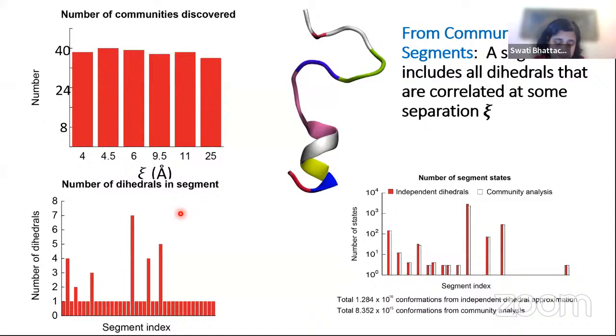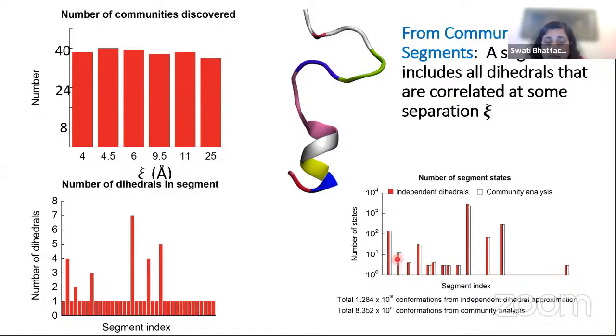What is the number of states that were actually visited by the segments, and what's the number of states that can be possible if we assume independent dihedrals? So we did a comparison of both. The red colored bars show the number of states accessed by all of the segments. This is in log scale, so many of them, the single member ones, collapsed to the x-axis at the bottom.